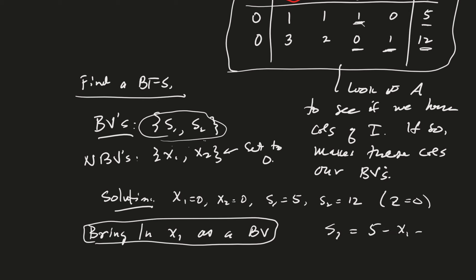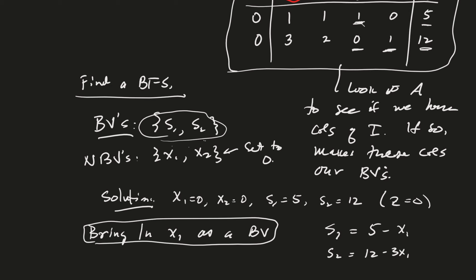I could say minus X2 here, but because X2 is going to be equal to 0, let me go ahead and say that for now. And then S2 is going to be 12 minus 3x1 minus 2x2. Now because I'm deciding to bring in x1, I can go ahead and set x2 equal to 0. And so now the question is, should I use x1 to replace s1 or use x1 to replace s2?